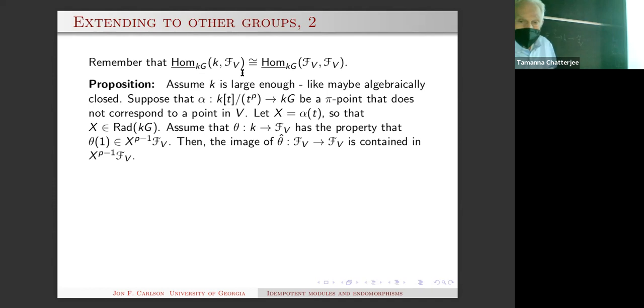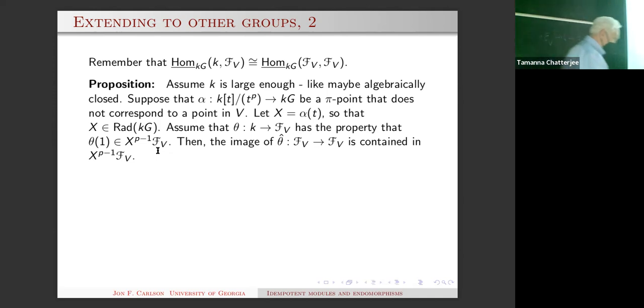That's what I want. And I suppose that it maps the one element in K to an element that's in the projective part of that complex, which means it's in x to the p minus 1 times f of v.